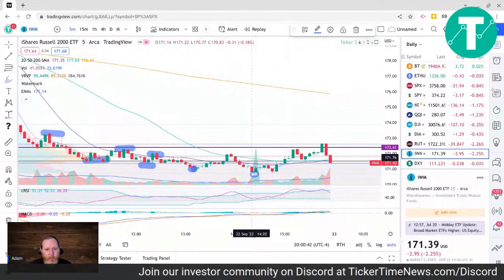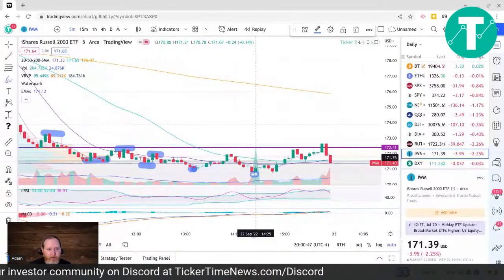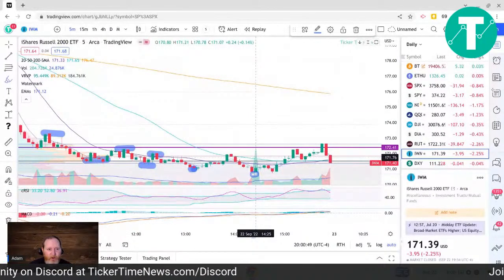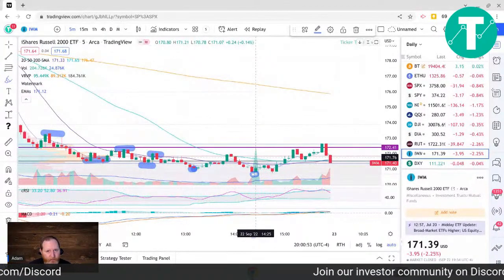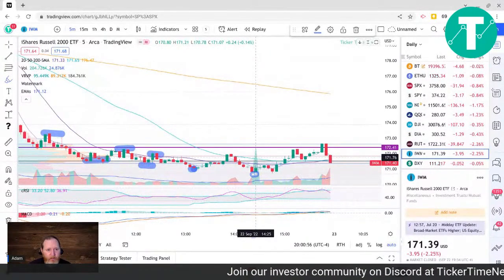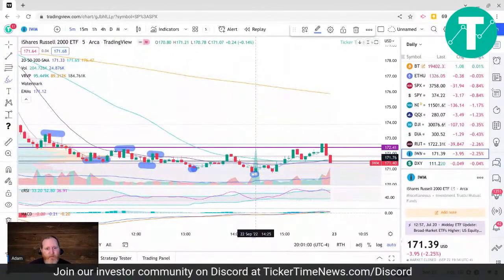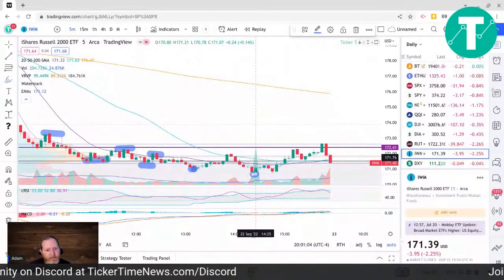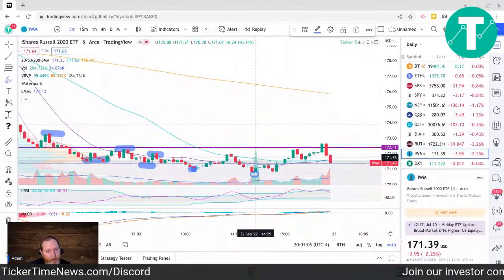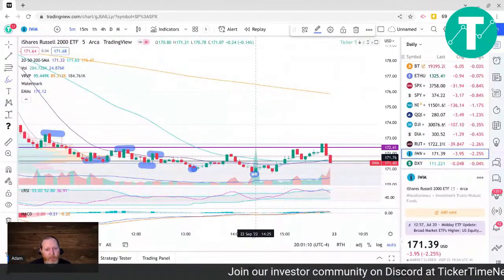Let me give you the volume here. It was 204,000 versus an average of 24,000, so a huge spike of volume. This leaves me feeling positive, even though there's quite a few negatives with the IWM.